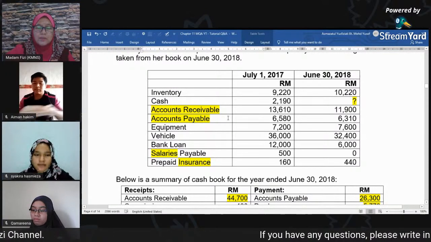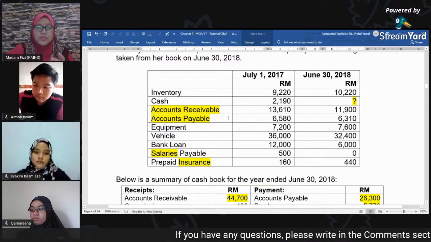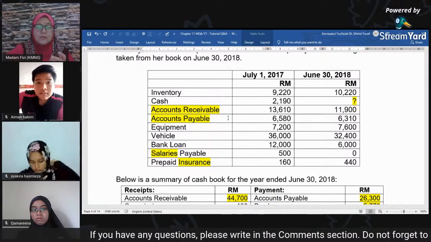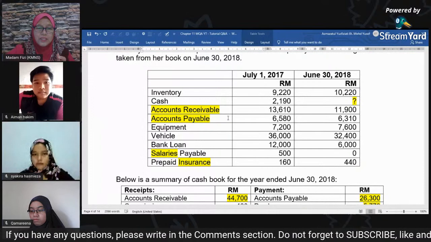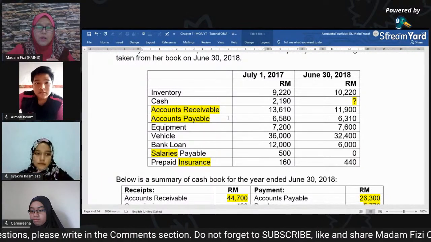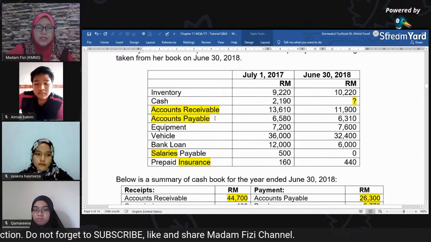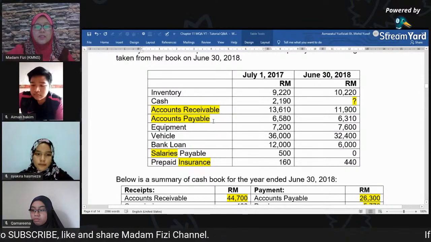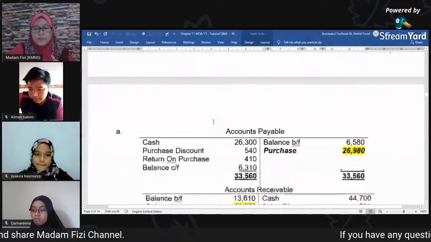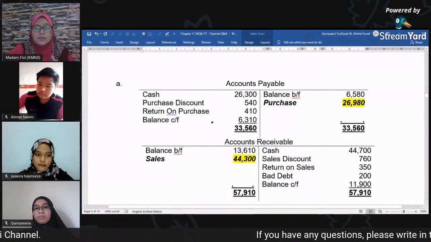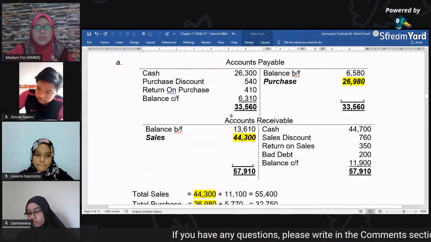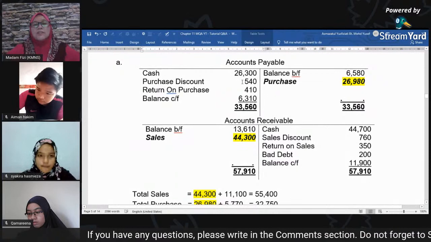So to find out what is the amount of purchase credit and sales credit, you have to open the accounts for accounts receivable and accounts payable. So, okay, you draw T account for accounts payable.